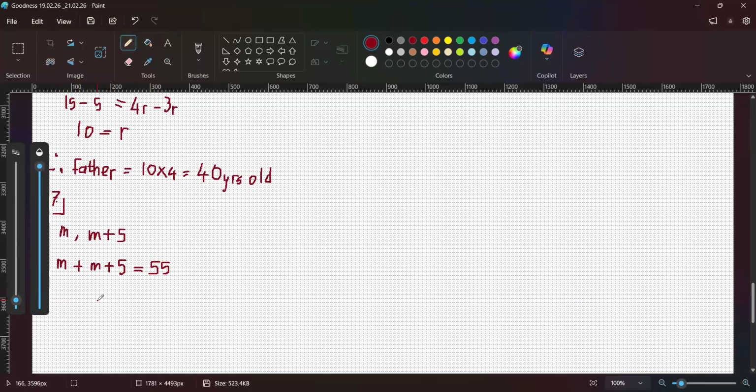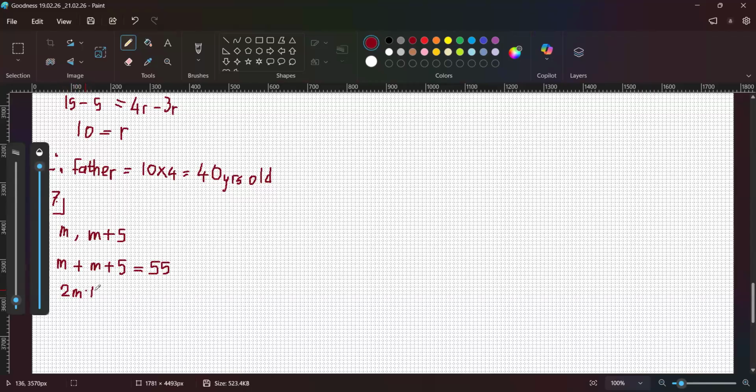So let's solve this now. You can see the equation is very simple. m plus m plus 5 equals 55. So what should that lead us to? That would be 2m, correct, plus 5 equals 55.